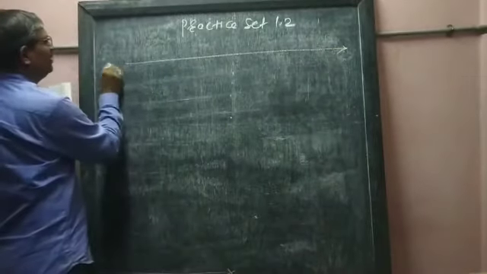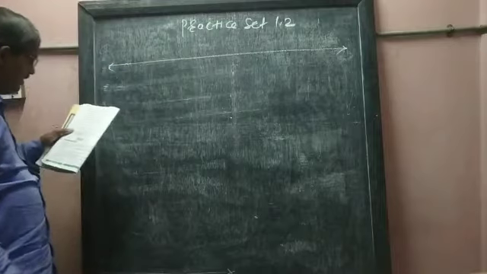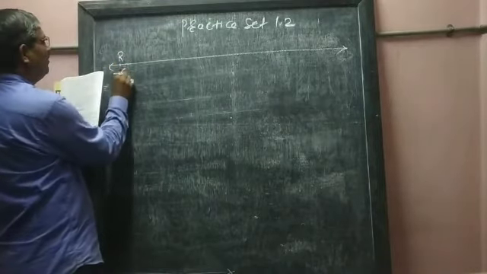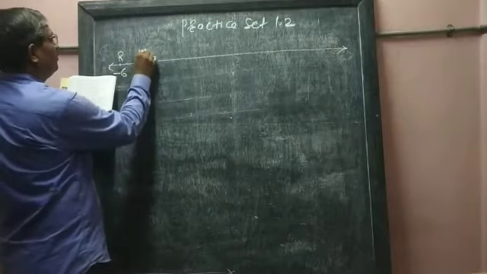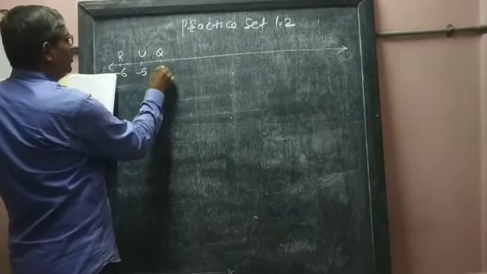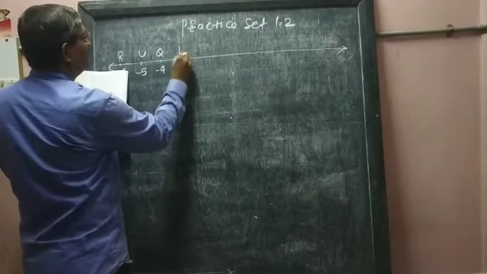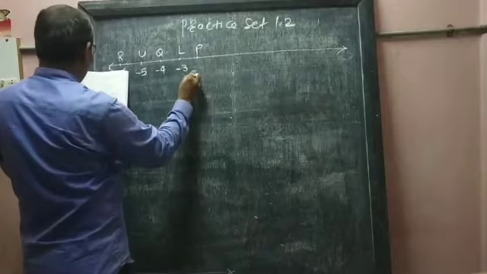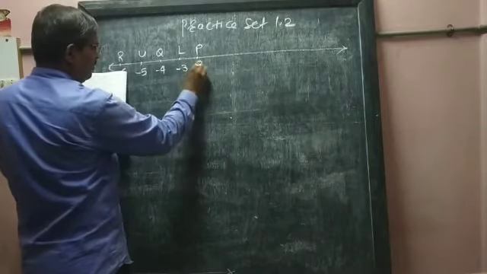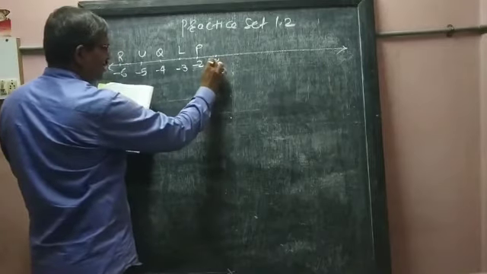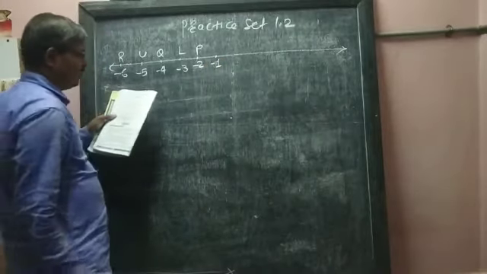Now, question number 6. There is one line given. From this line, I am going to write different points. Here R means minus 6, U is given minus 5, Q is given minus 4, L is given minus 3, P is given minus 2, and at minus 1 the point is not given.